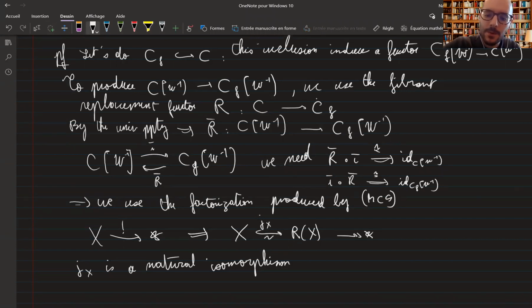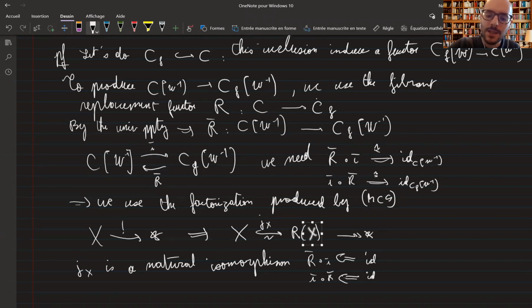So it is a natural isomorphism between R bar circle I to the identity and also I bar circle R to the identity. Oh, and I guess it goes the other way around actually. It is a map between the identity of X and either you take X, which is fibrant. So let's say, for example, we want to check that R bar circle I bar is isomorphic to the identity.